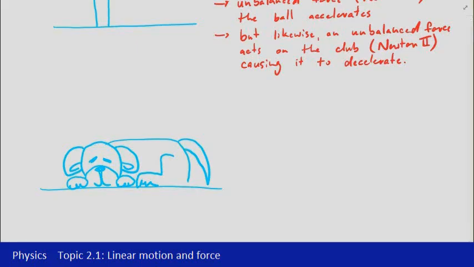In that case, we can say that there is a force of the dog onto the ground. So we'd call that, say, our action force. In this case, that action force will actually be equal to the weight of the dog. So that action force is the weight of the dog onto the ground.